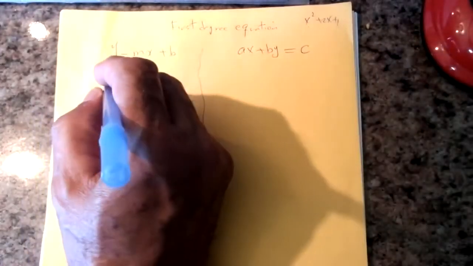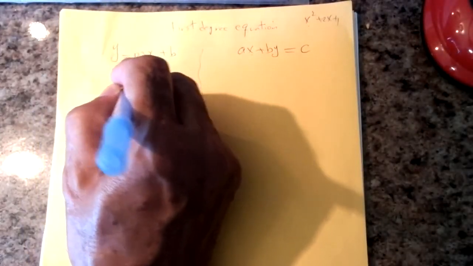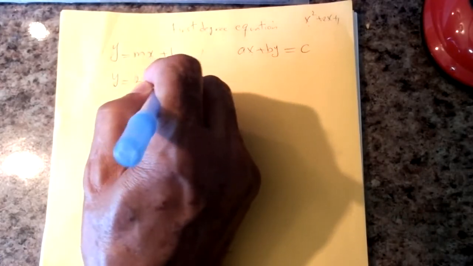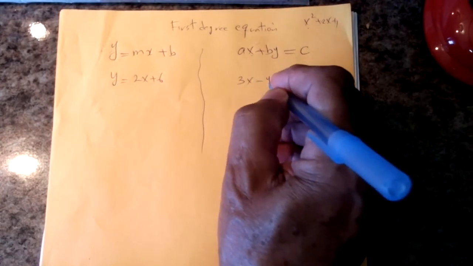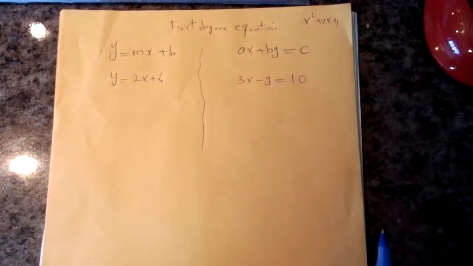Example, y equal 2x plus 6, or on this one, 3x minus y equal to 10.